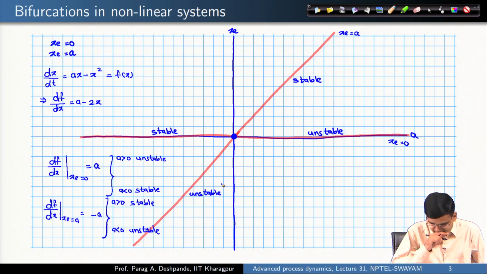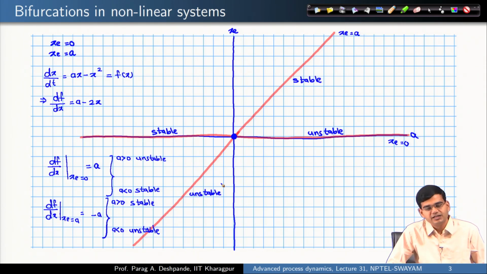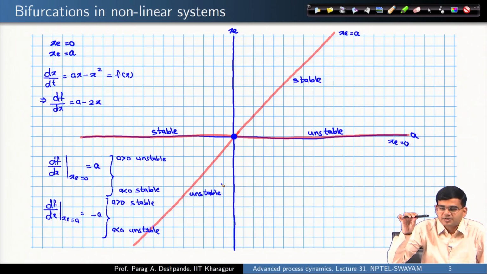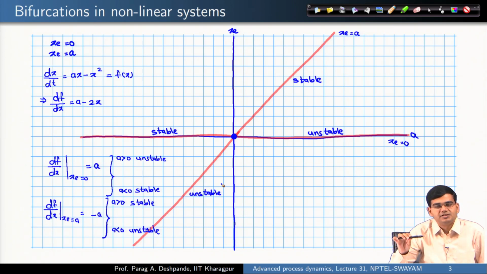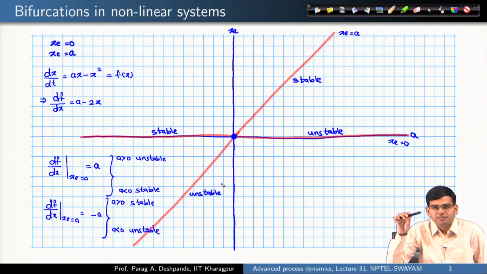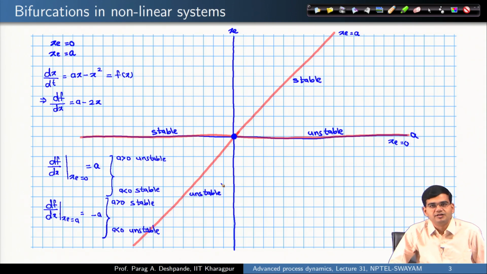And what I see is that as I change the value of a in this particular bifurcation diagram, if I start from stability, I pass through a point beyond which my system becomes unstable, or if I start with an unstable point, I reach a particular point beyond which my system becomes stable.